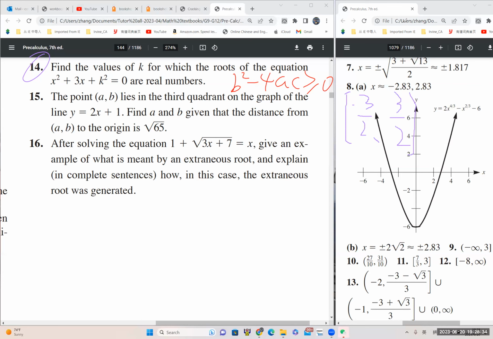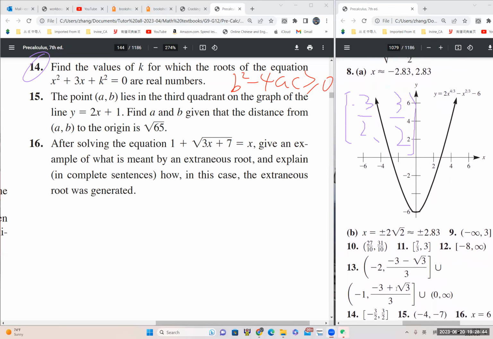Is that correct? Maybe. Yeah, let's check. So it's correct, right? 14 is correct. Solve this. Let me write here quickly.